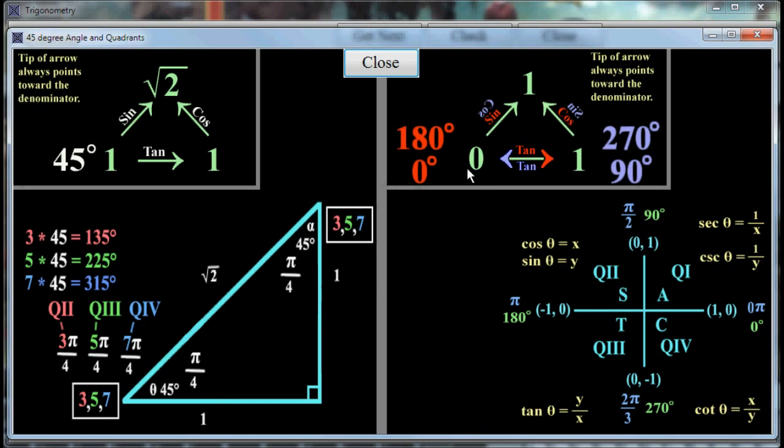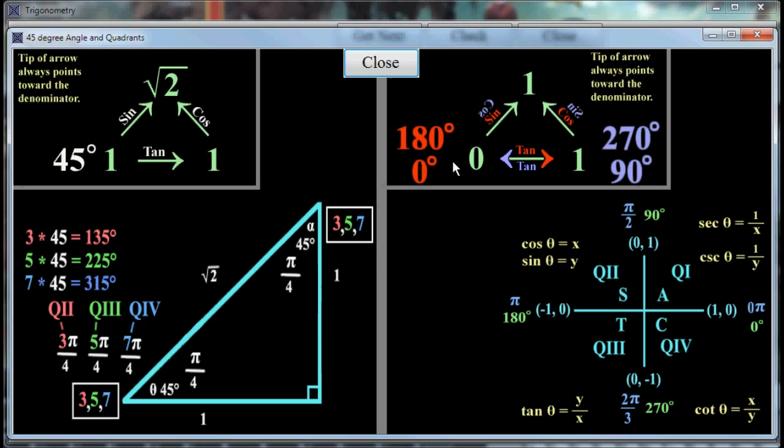This is the third chart, and there's only 3 of these types of charts that you have to remember. Starting at 0 degrees, you'd go 0, 1, 1. And notice that on every one of these charts, the arrows always point in the same direction. And it always starts with sine, cosine from the angle that you're doing. So there's a definite pattern here that's easy to remember.